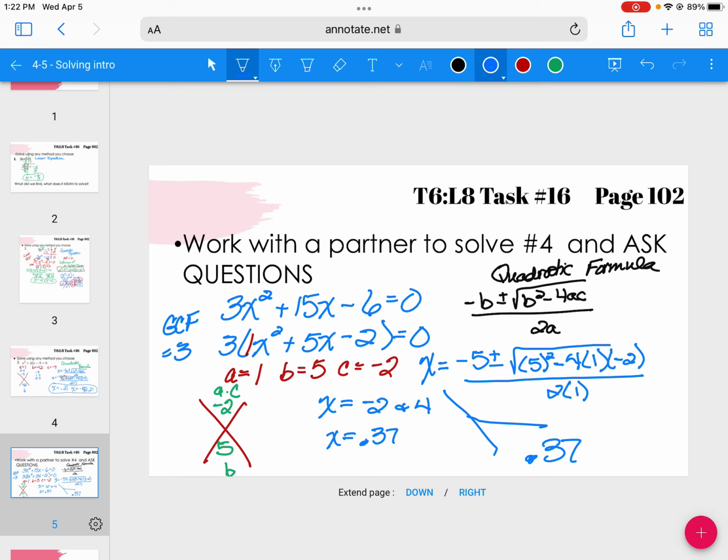And if I do the second one, so it's going to be the opposite of 5 minus square root of 5 squared minus 4 times A, which is 1, times C, which is -2. Oh, crap, I forgot.